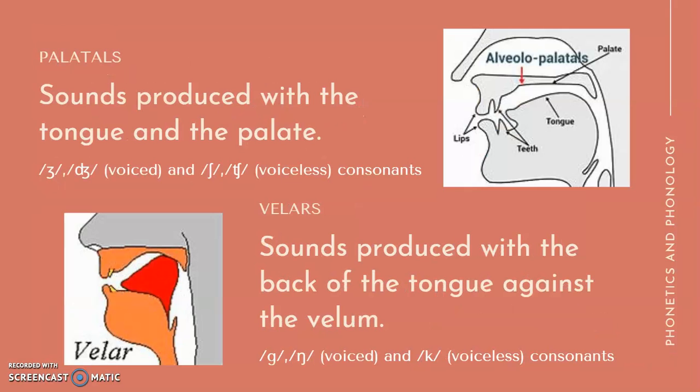Then palatals. Sounds produced with the tongue and the palate, such as j, voiced, and sh and ch, voiceless. Then we have velars, sounds produced with the back of the tongue against the velum, such as g, ng, those are voiced, and k, voiceless.